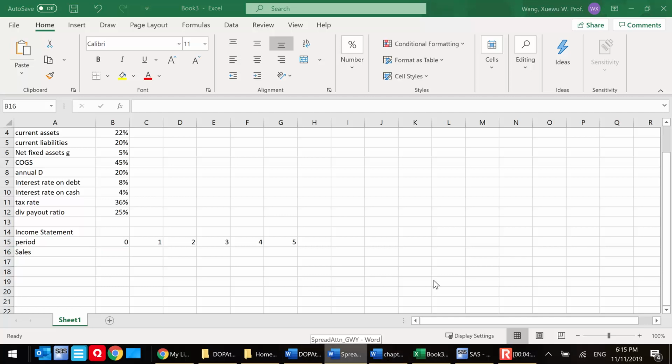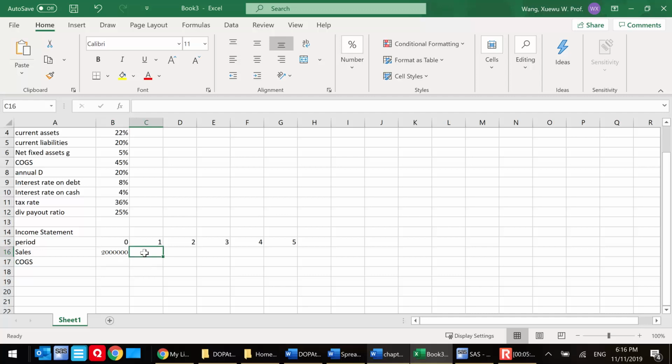So I have 2 screens here, and I'm moving my mouse to the other screen so that I can just copy this number for sales. Sales is this number here. Press Control C and put it back. Control V. All right. And you have cost of goods sold, which is actually 45% of sales.